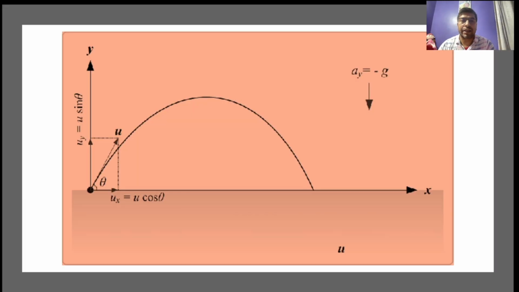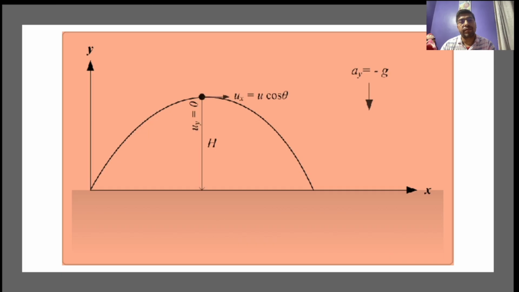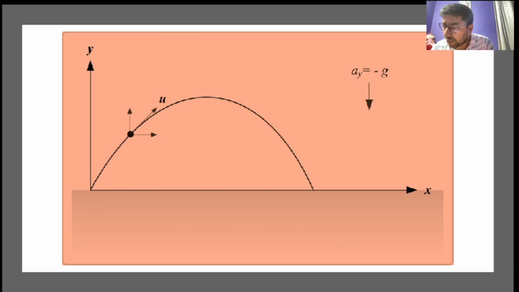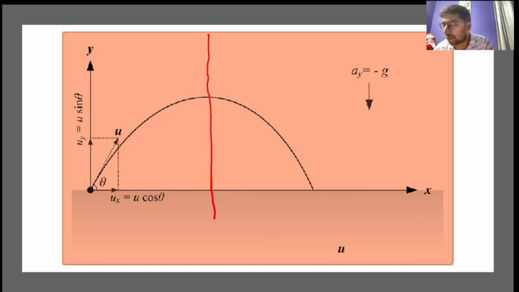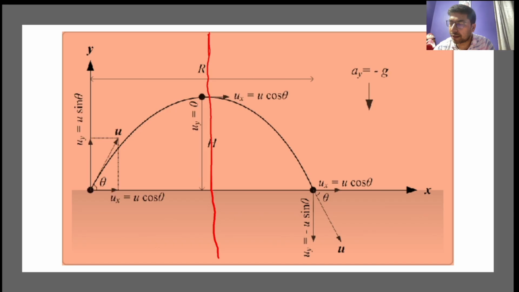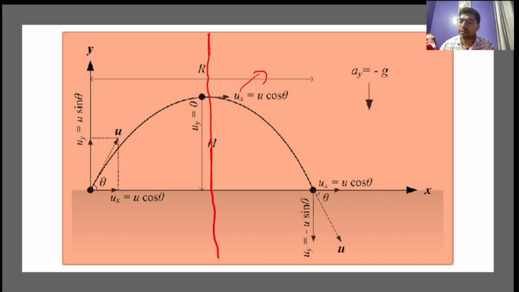Now see how exactly the object is moving during this projection. Here is one point you have to understand. We know a parabola is symmetrical about a line, and here it is symmetrical about the line perpendicular to the range. So this part will be the mirror image of this part.